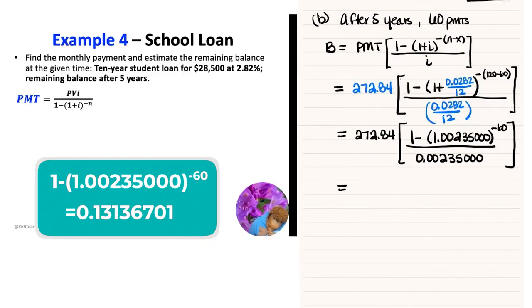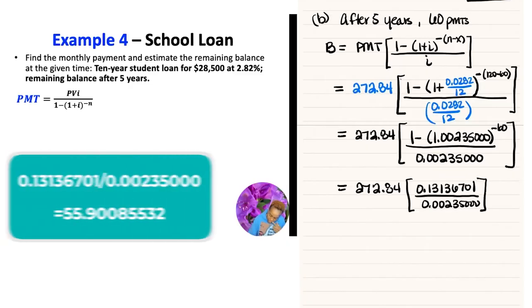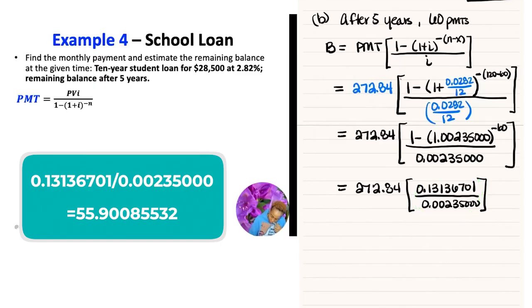So when you do that, you have 272.84. 1 minus that at the top is 0.13136701 divided by 0.00235. Okay, so now in your calculator, put that part in. And when you do that, you get 55,900.85532.